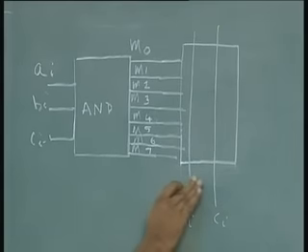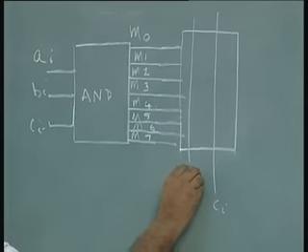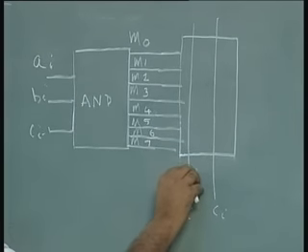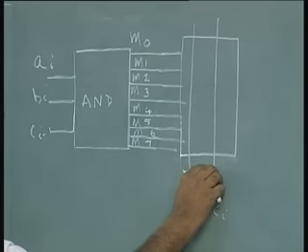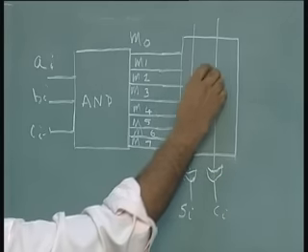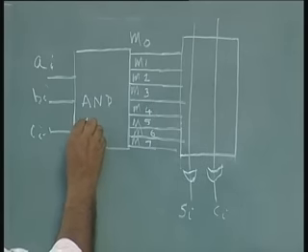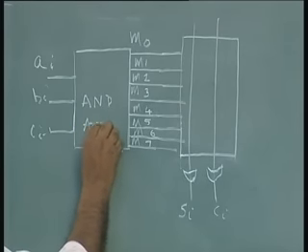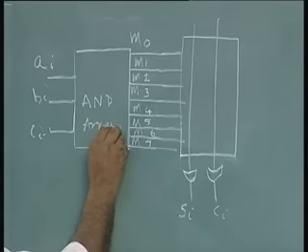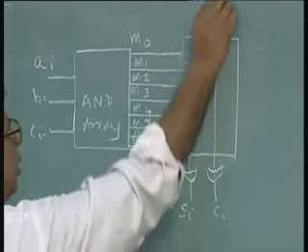Usually a symbol of OR is put here indicating the minterms are combined in an OR gate. This is only a symbolic representation. I am not showing the actual gate connections inside the AND gate and OR gate. So, this is an OR array, this is the AND array.